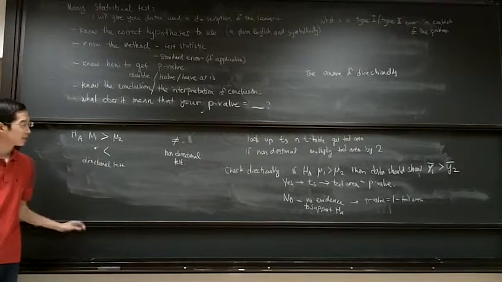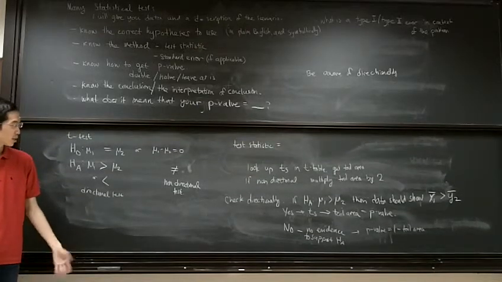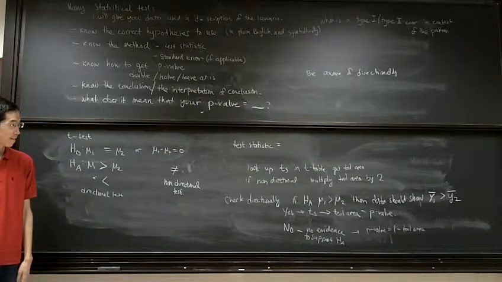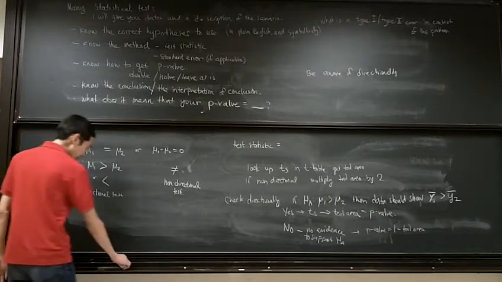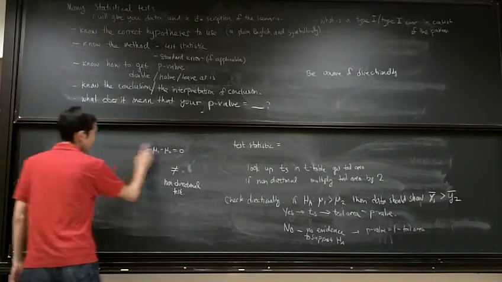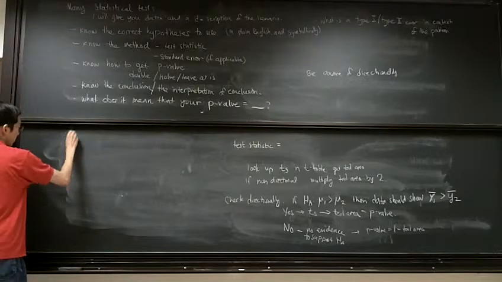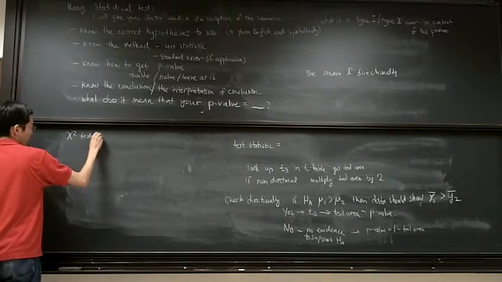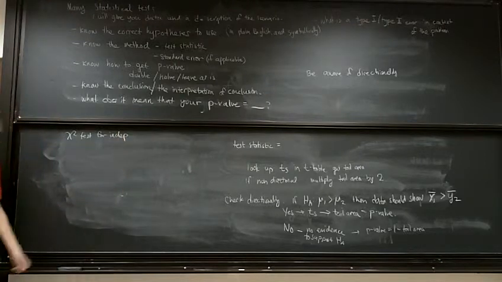Alright. Should I do, maybe not the t-test, but let's say, okay, let's talk about maybe chi-square test for independence. Alright, chi-square test for independence means I have what kind of variables? Categorical.